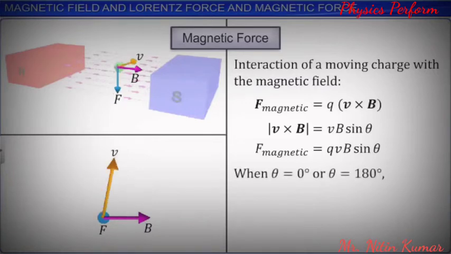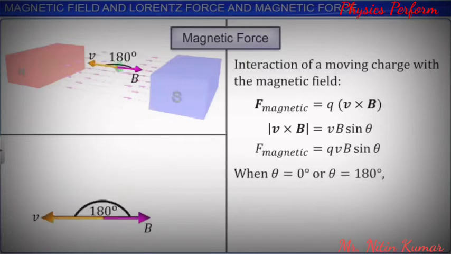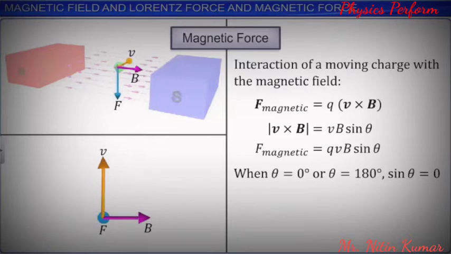When theta is 0 degrees or 180 degrees, that is, when charge Q moves parallel or anti-parallel, respectively, to the magnetic field, we have sin theta equal to 0. If the charge is moving perpendicular to the direction of magnetic field, theta is equal to 90 degrees.